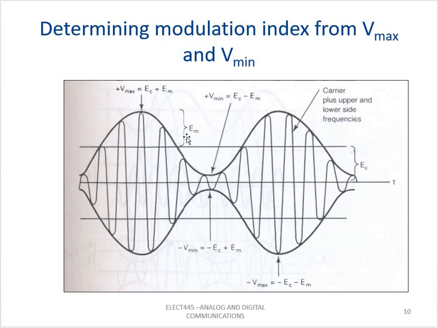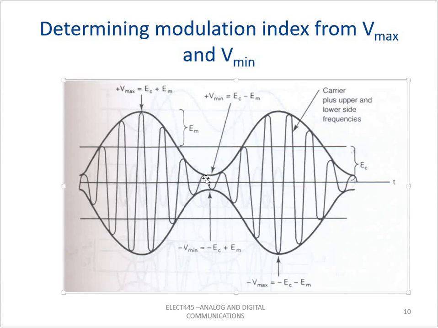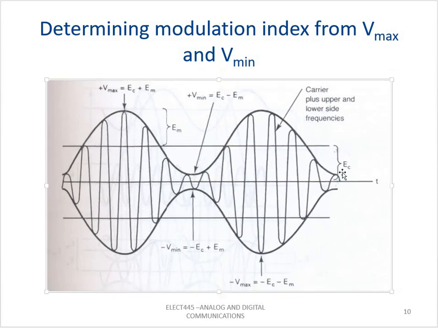You can see here the figure from the oscilloscope, and we are getting Vmax equal to EC plus EM. What is EC? You can see this place, this is EC, and where is EM?